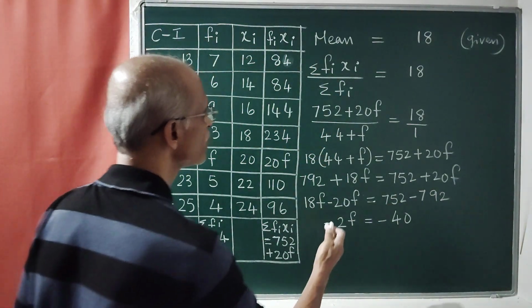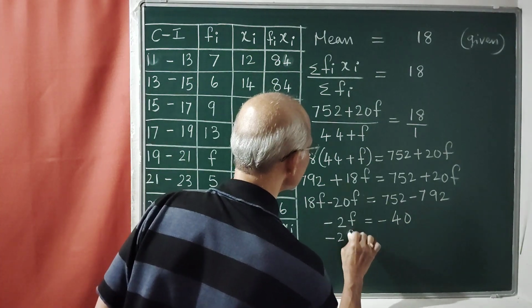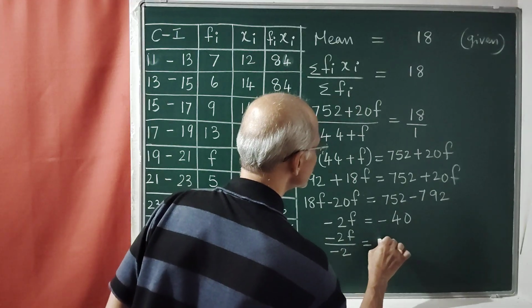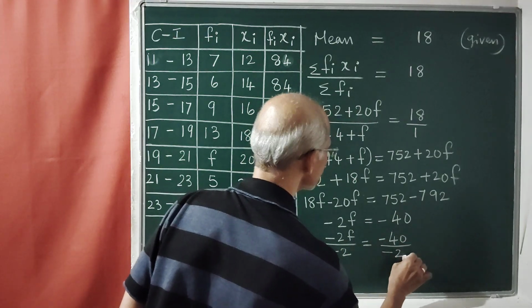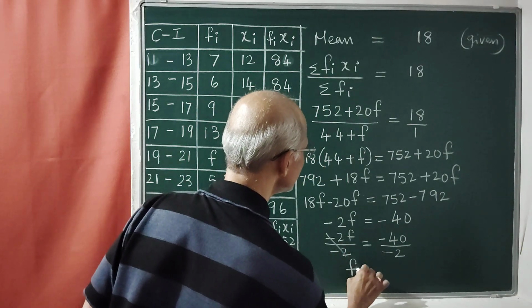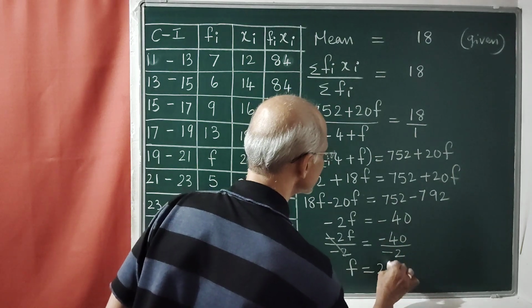We'll divide left side, right side by minus 2. So minus 2f by minus 2 is equal to minus 40 by minus 2. Minus will get cancelled here. So f will be equal to 20.